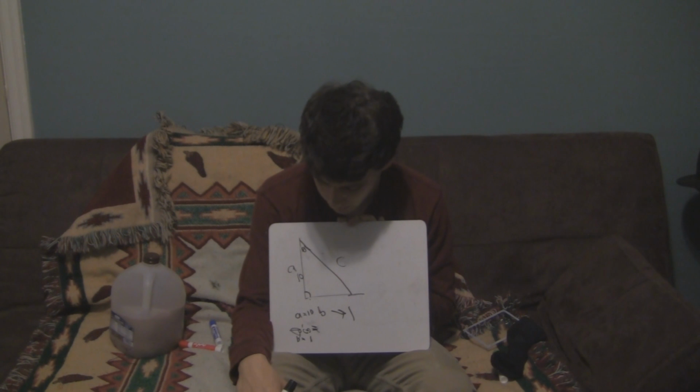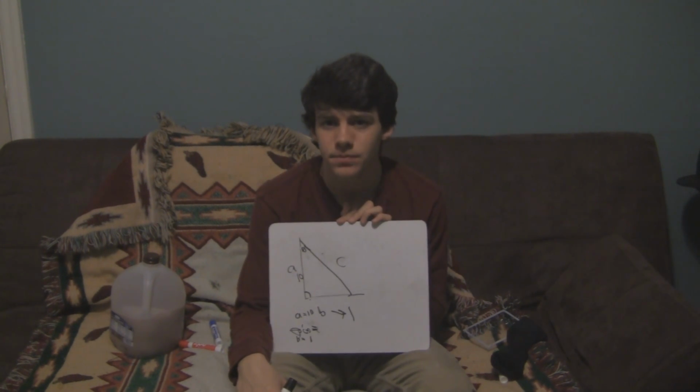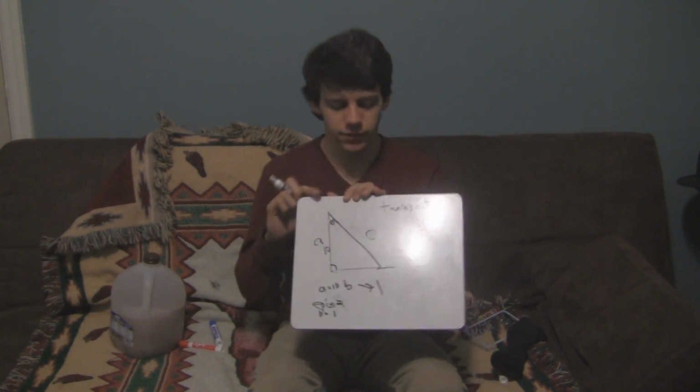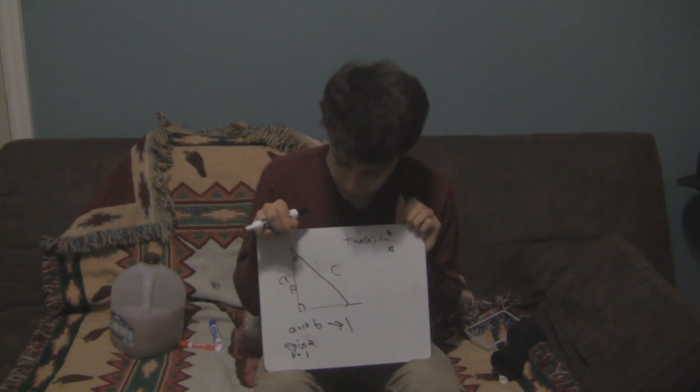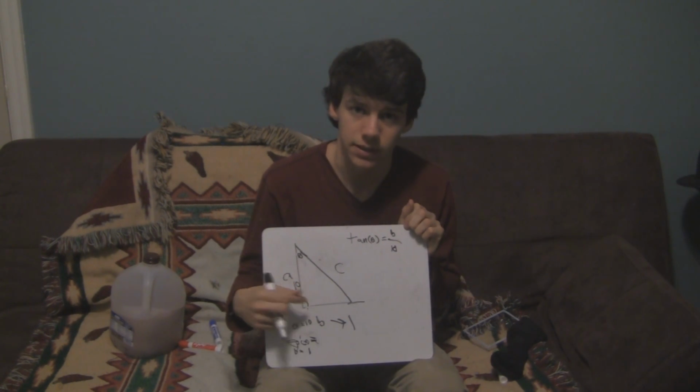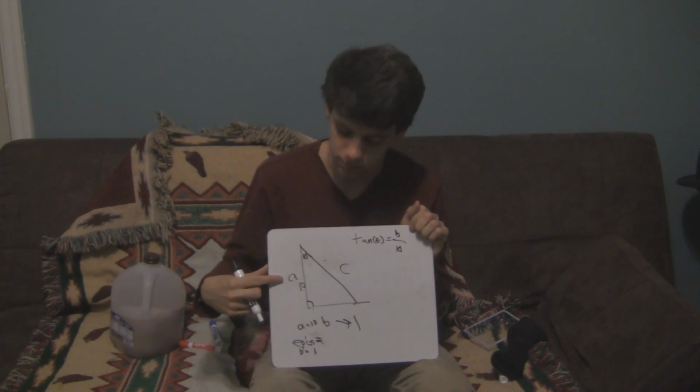So that would lead you towards tangent because you have opposite and adjacent. So that would give you tangent theta equals b over 10, or opposite being b over adjacent being 10.